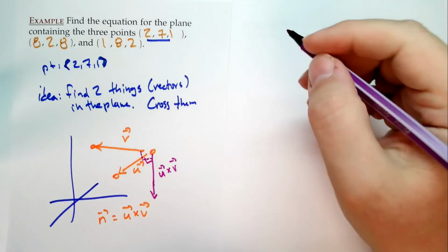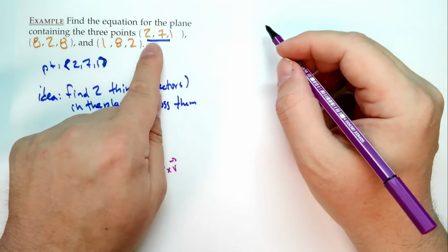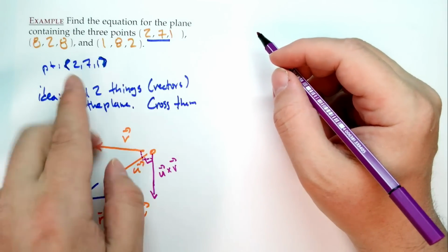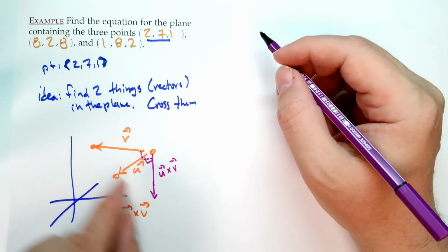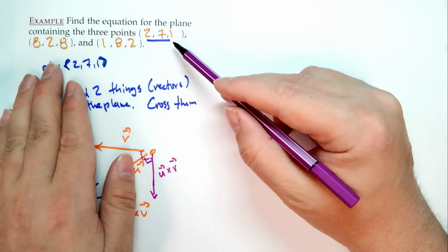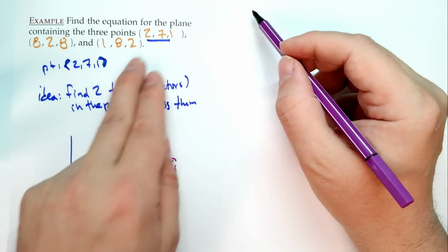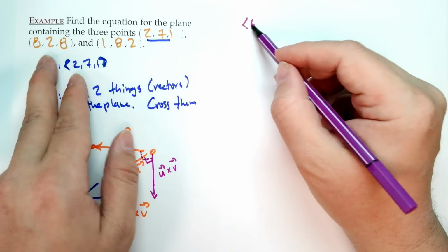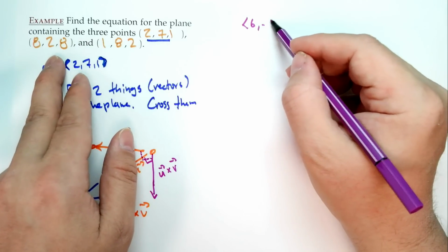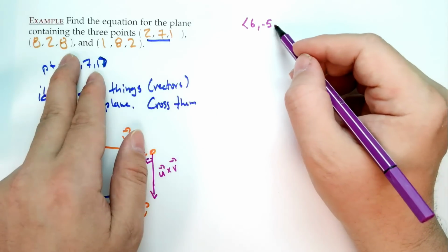So, here we go. Let's make this our initial point, and these other 2 our terminal points. Going from (2,7,1) to (8,2,8): 2 to 8, 6. 7 to 2, -5. 1 to 8, 7.